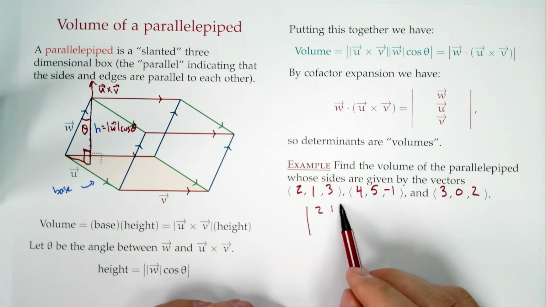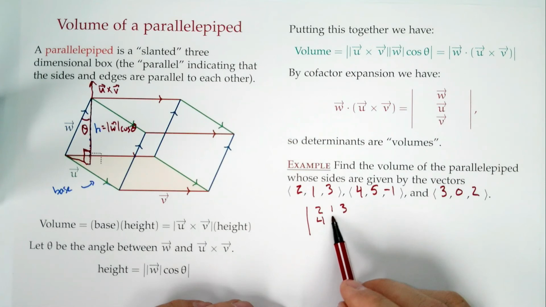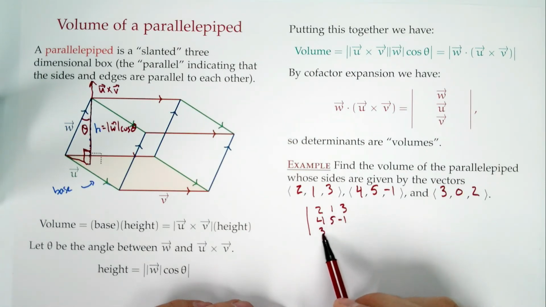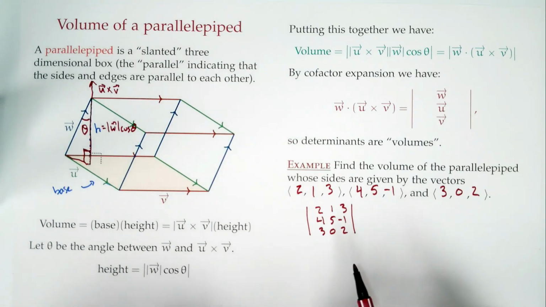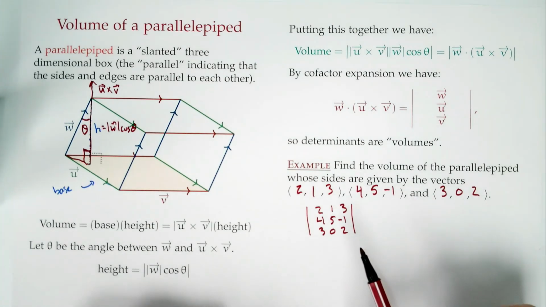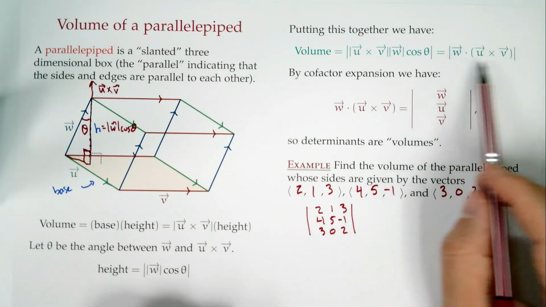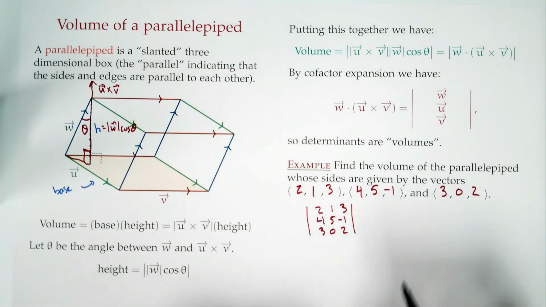So first row, first vector. Second row, second vector. Third row, the third vector. Now you might be saying, well, which vector should be the first one? And the answer is it doesn't really matter. You can pick them in any order. Now if you change the order of your choice, you might change the sign. But remember at the end we're going to take the absolute value. So it's okay for right now to not worry about it.